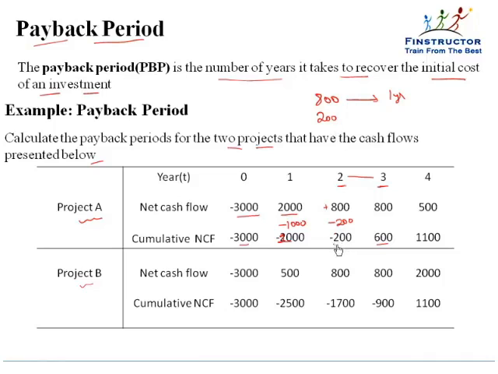I need another $200 to recover my entire money because $2,800 I have already received, and another $200 and I'll be home with $3,000. So $800 is what I'm getting in the whole year. $200 I will get in approximately 1/4 of a year. That is 1 by 800 into 200.